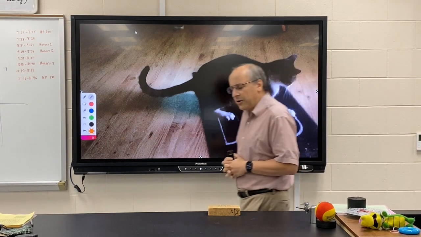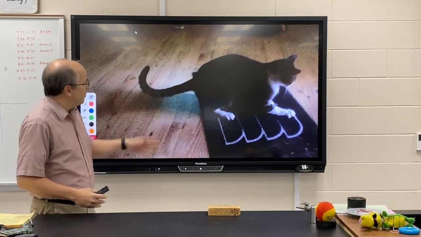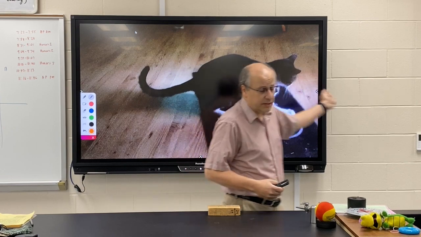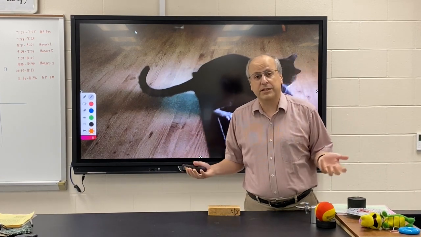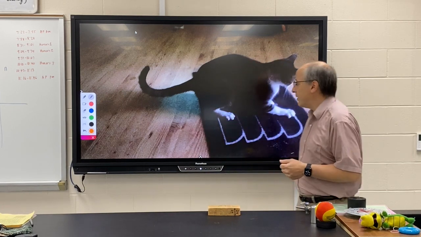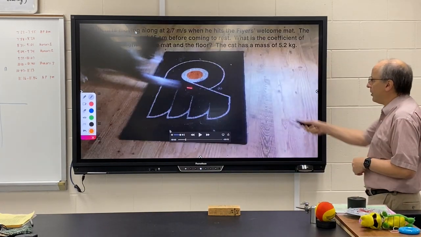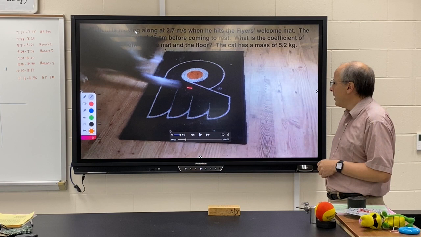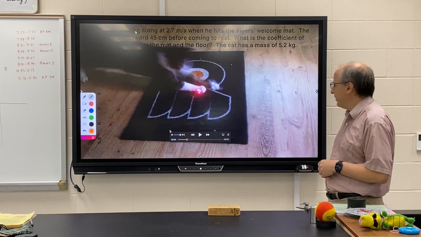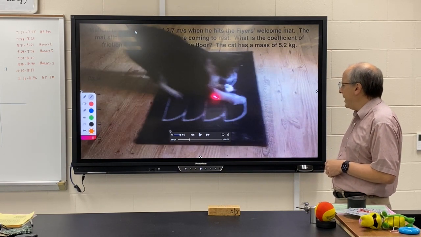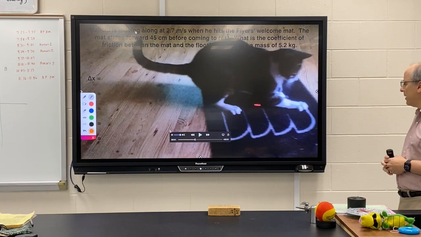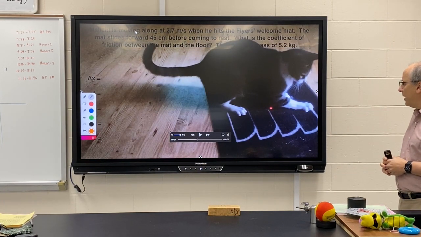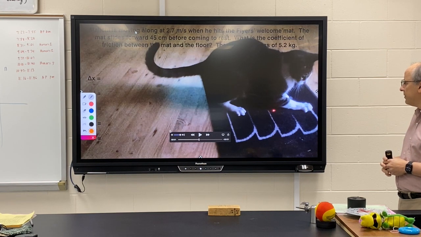What we'd like to do this time, since we know how much distance it took to stop, is figure out the coefficient of friction of two surfaces that are obviously not on our reference sheet. So here goes Malachi again, chasing after the laser pointer. He gets onto the mat, slides a certain distance, and then comes to rest.